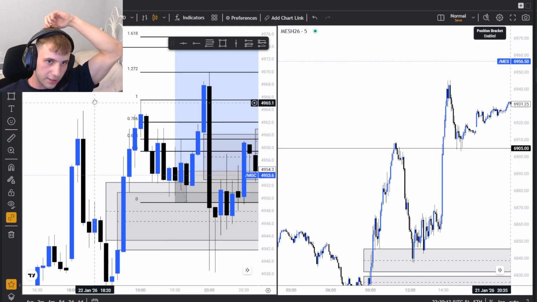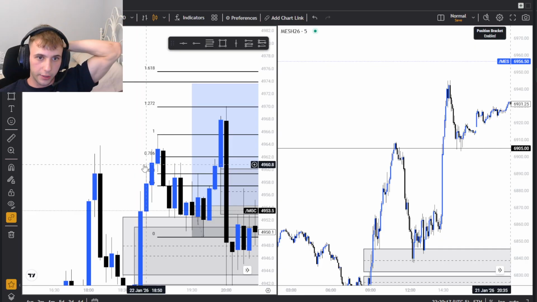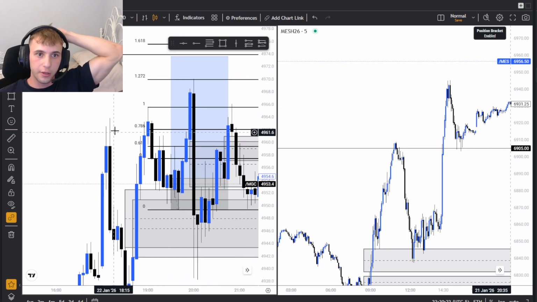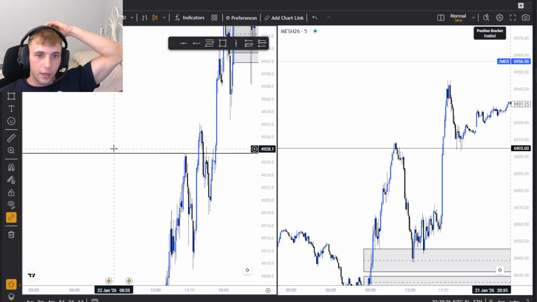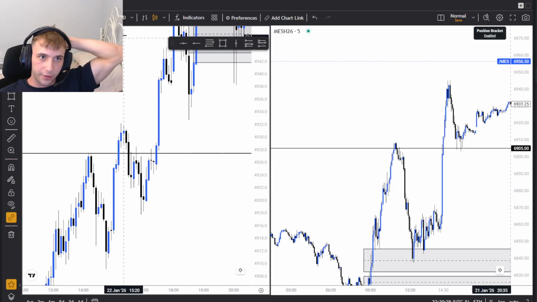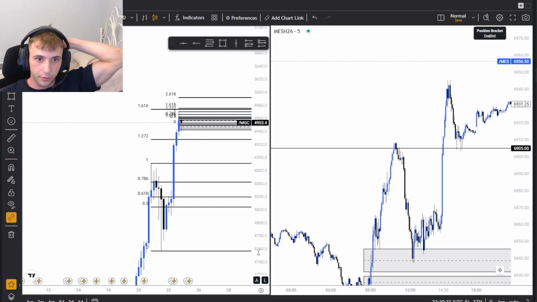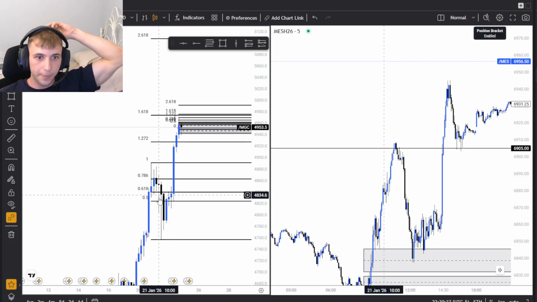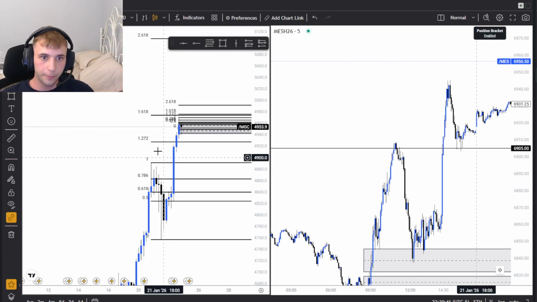And I failed to see that. That's another thing I like to point out: it doesn't necessarily have to be high time frame moves. Obviously, it reacts off of the high time frame extensions too, right? You got your high time frame extension from here. The extension, this 1.272, is the extension of this 4-hour move down.